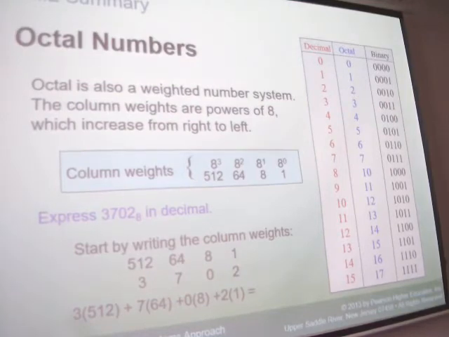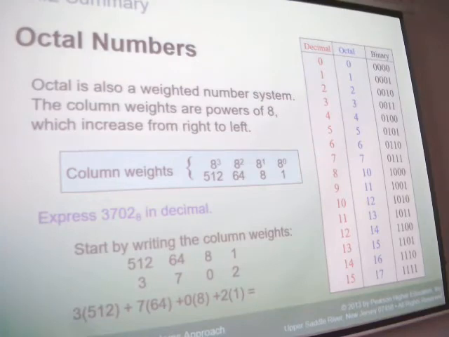So the result: 3 times 512 is 1,536. 7 times 64: 4 times 7 is 28, the carry is 2. 6 times 7 is 42. 42 plus 2 is 44.